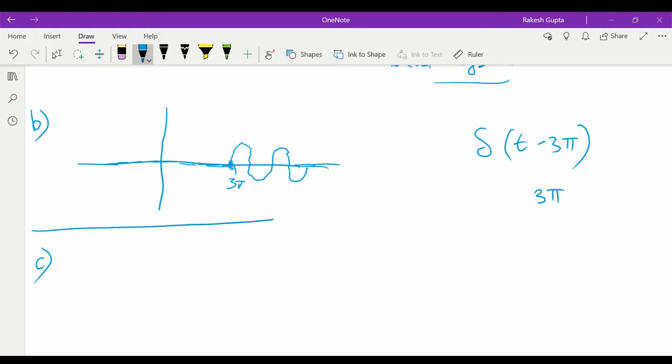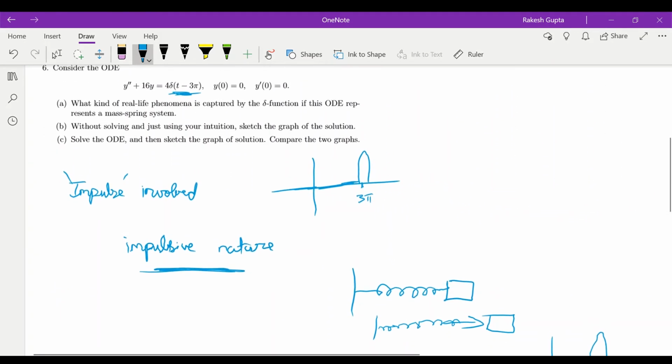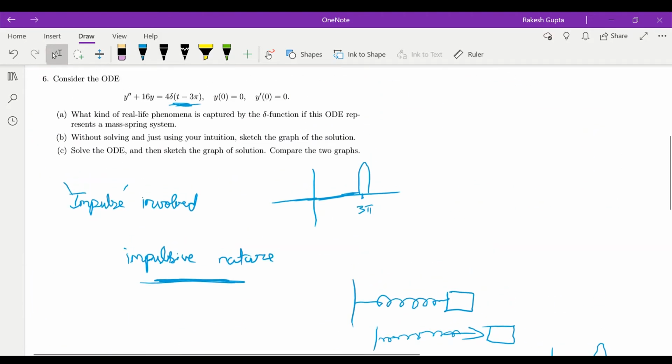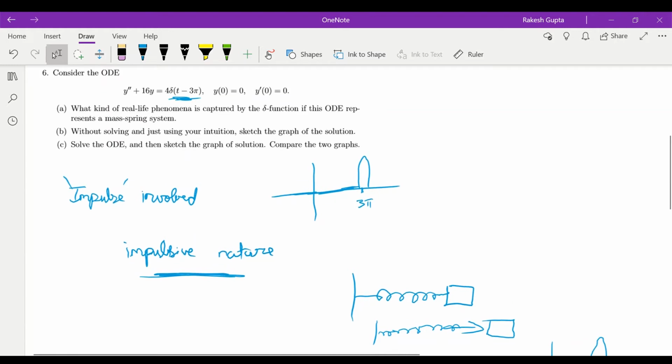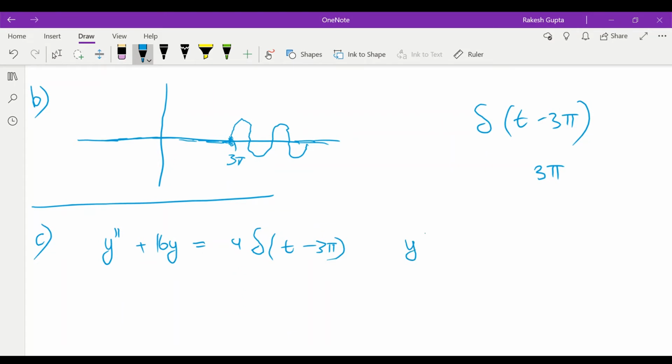For solving the given ODE, I'm just going to write the ODE down. The initial conditions are y of 0 is 0 and y dash of 0 is 0.